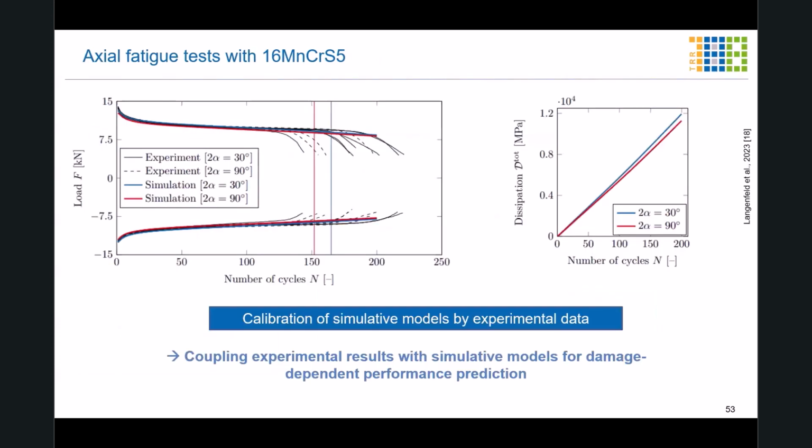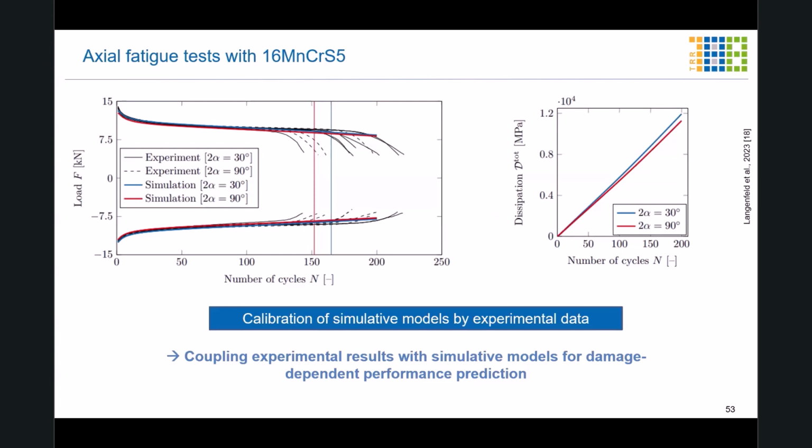At first, I will start with some low cycle fatigue tests with the 60MnCrS5. In this example, we tested the specimen with a total strain controlled test with an amplitude of 1%, with 2 different damage states that depend on the shoulder opening angle. We tested the shoulder opening angles of 30 degrees and 90 degrees.